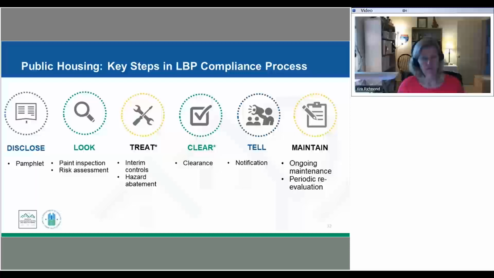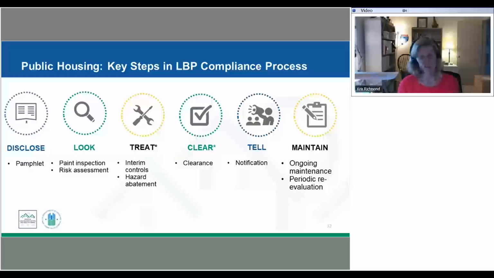If you need to wait until modernization, you can do interim controls until abatement, until you have modernization funds to do abatement. And then you're going to be clearing. So clearance is done after lead hazard work has been performed. This has two different parts where there's a visual to make sure there's no dust, debris, or hazards around, and then there's going to be dust sampling that occurs.